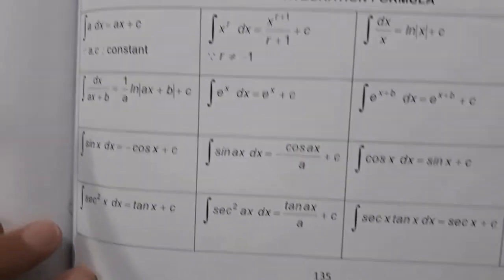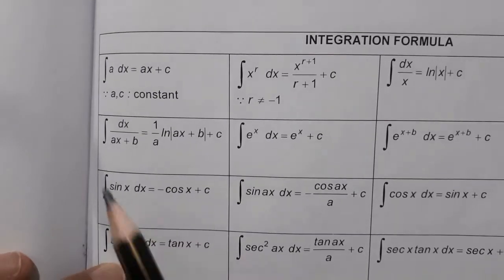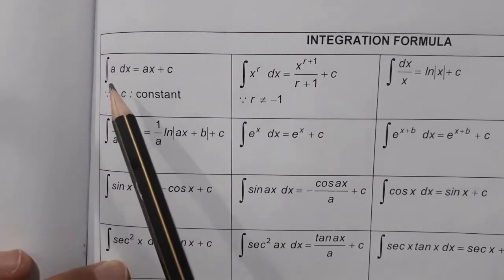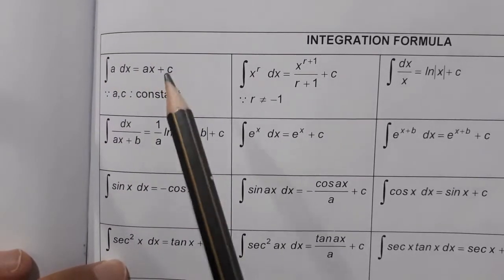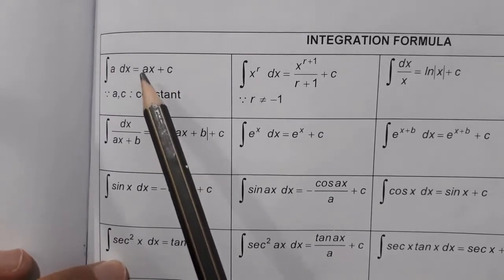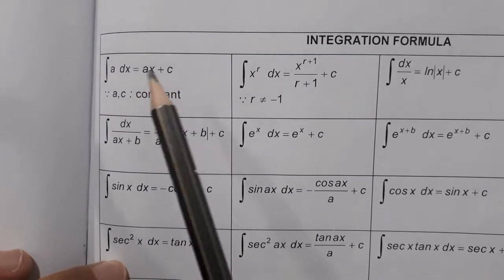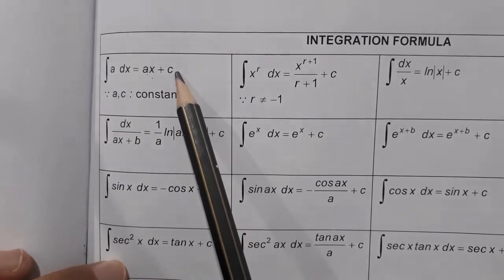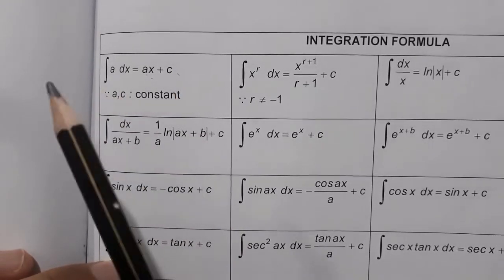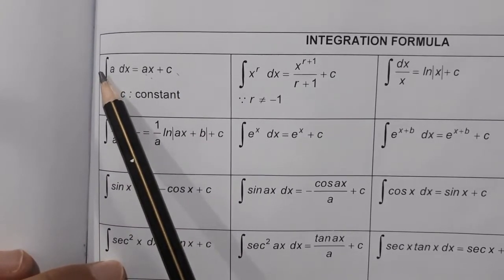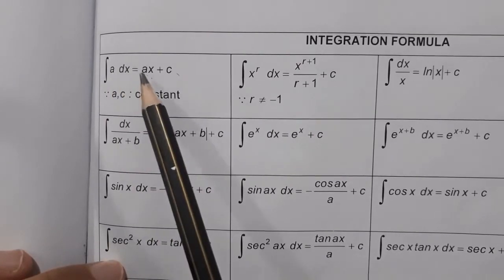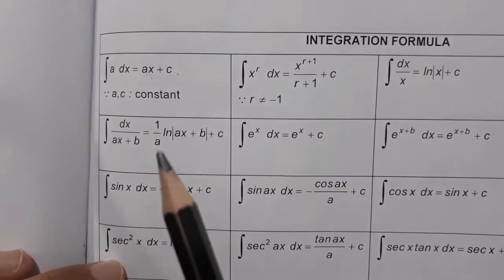Let's look at some of the integration formulas. Integrate a constant, we get the constant multiplied by x plus c. For example, integrate 2, you get 2x plus c.